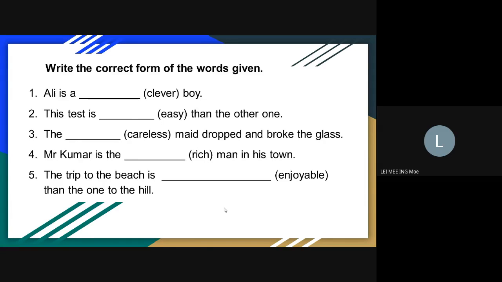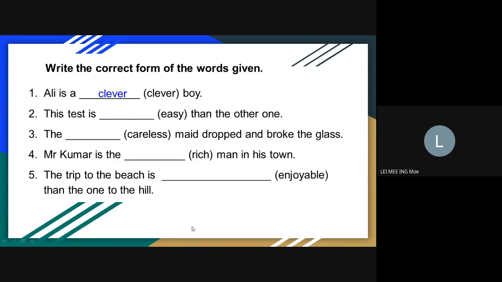Good. The answer is clever. So here, clever is an adjective. Since we don't have the, we don't have s and s, or we don't have than behind here, so it is an adjective. You just copy the same word here. Well done.